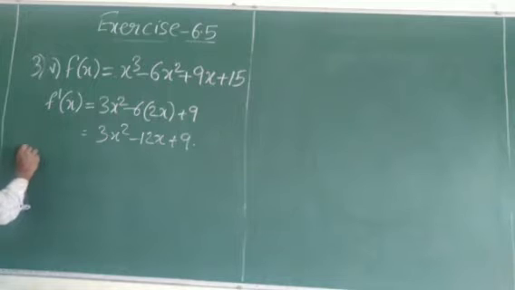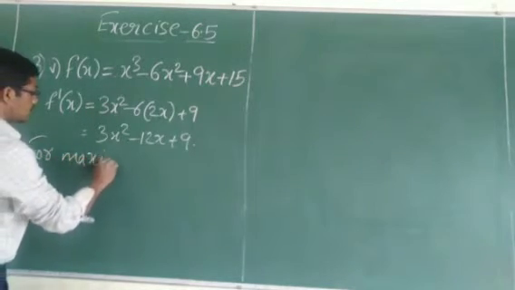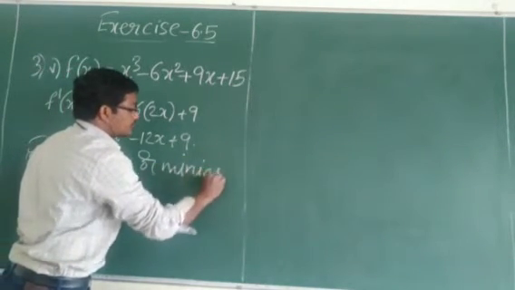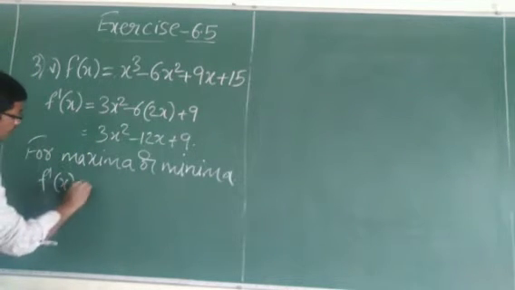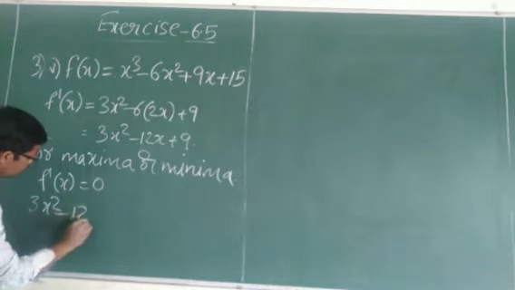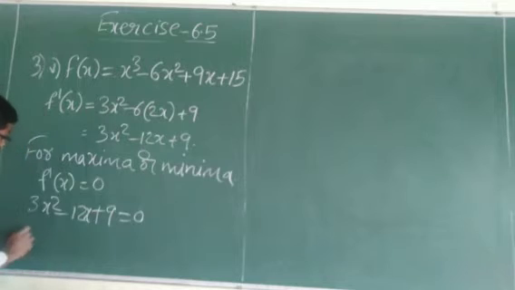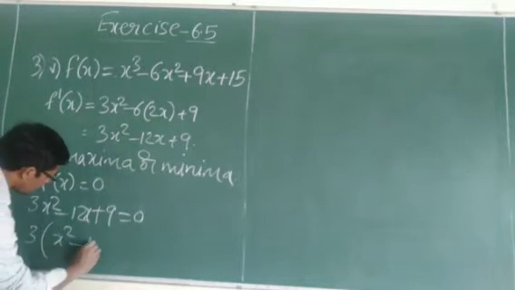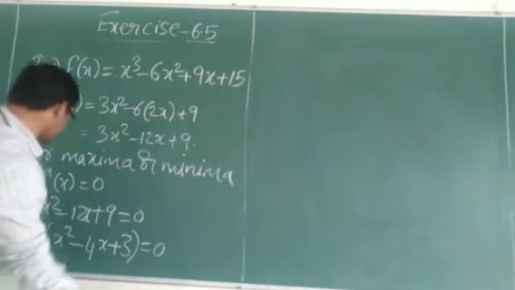So again, for maxima or minima, make this derivative equal to 0. Therefore, 3x square minus 12x plus 9 must be equal to 0. We can take 3 common: x square minus 4x plus 3 is equal to 0.